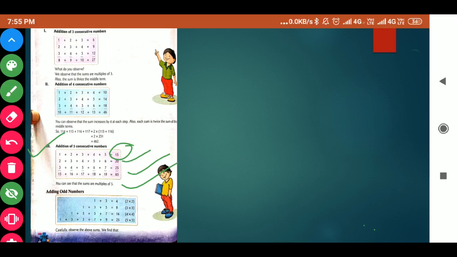What do you observe in this pattern? You can see that the sum is a multiple of 5, and another thing, the sum is 5 times the middle term. Here in the first line, the middle term is 3.